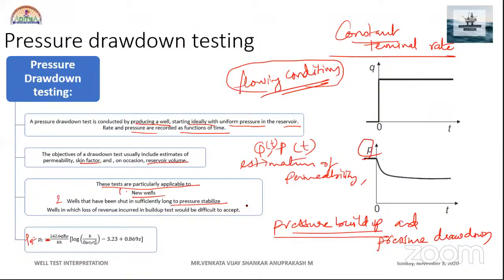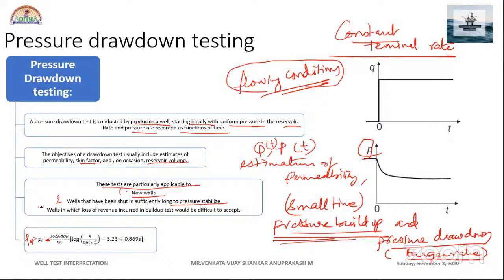In pressure build-up we are able to shut in the well for only a small time, but in the case of pressure drawdown the time period will be larger. So obviously we'll have more room for pressure stabilization, whereas in the pressure buildup you don't have such a case.